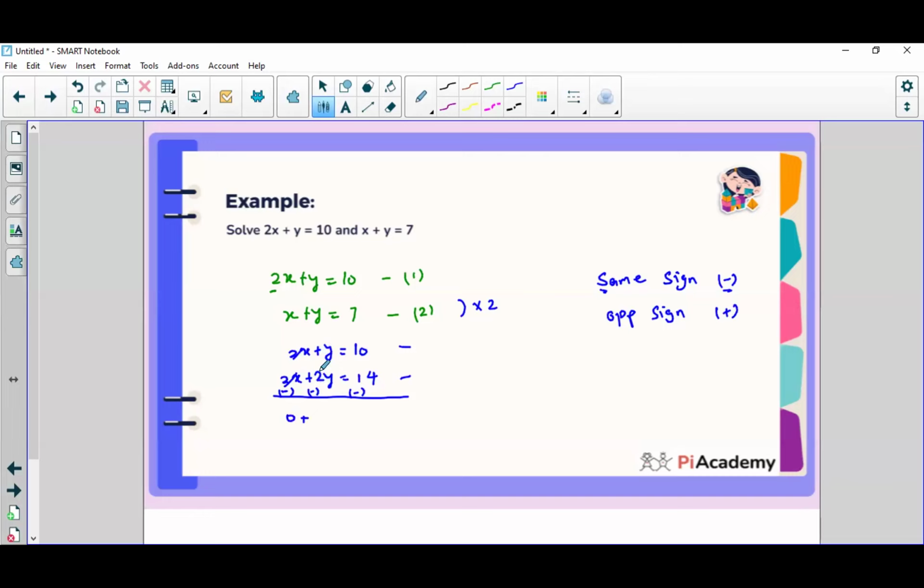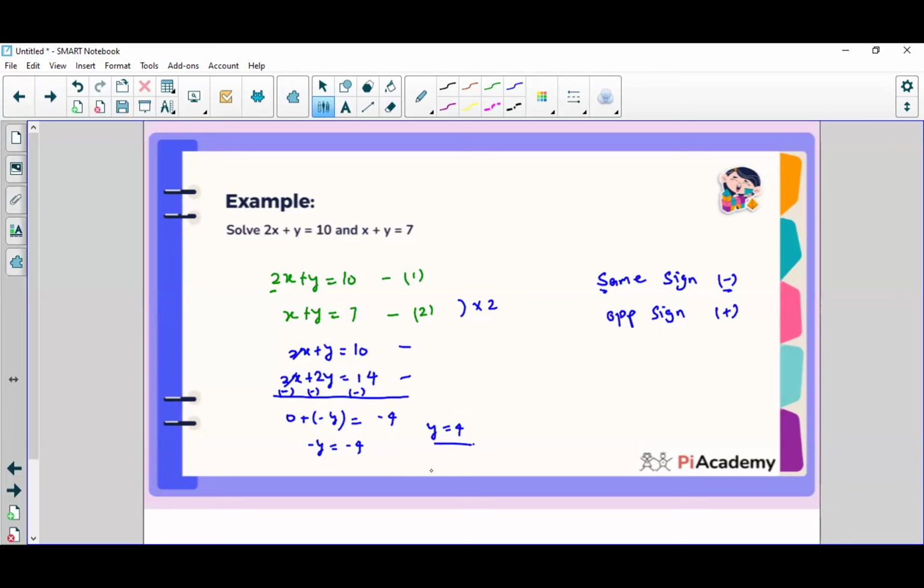So positive 1y and negative 2y make negative y. And on the right, it's 10 take away 14, which is negative 4. Now on the left I have negative y equals negative 4. If you divide both sides by negative 1, you get y equals 4. So I got the value for y, which is 4.